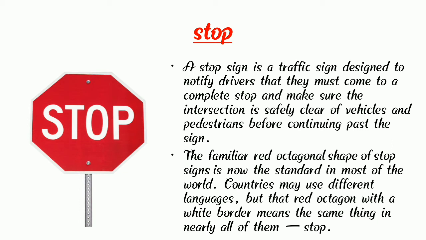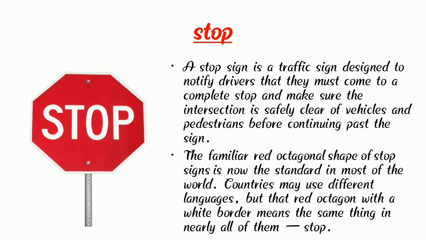the standard in most of the world, and countries may use different languages. But that red octagon with a white border means the same thing in nearly all of them: stop. So here we can see an octagon shape and white border, and it means stop.